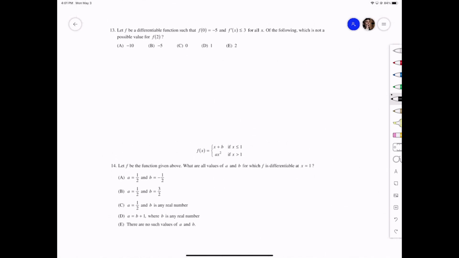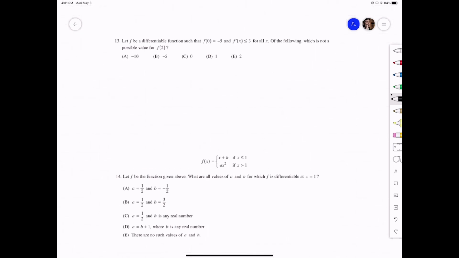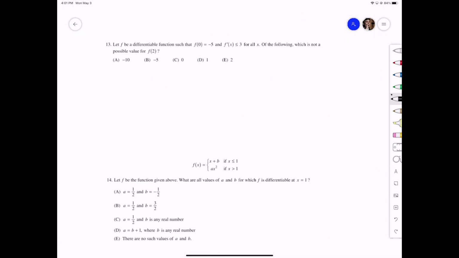So the next one, let f be a differentiable function such that f of 0 is -5 and f prime of x is less than or equal to 3 for all x. Which of the following is not a possible value of f of 2? Okay, so the maximum rate of change is 3.